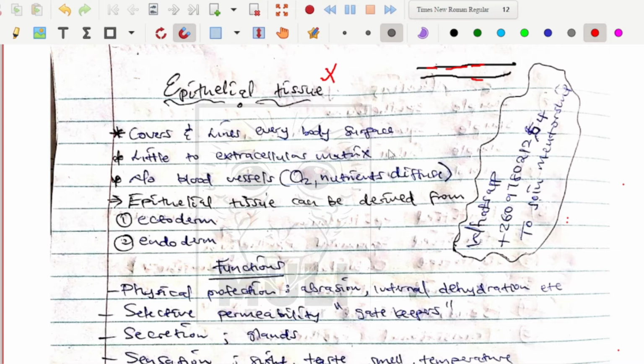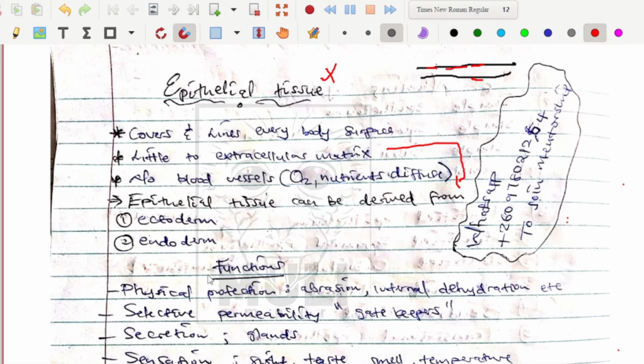It's very important to understand these features, because when you look at connective tissue, nerve and muscle, they differ in these characteristics. These epithelial tissues come from the ectoderm and endoderm. I'll explain more in detail when I look at the embryological part of anatomy.